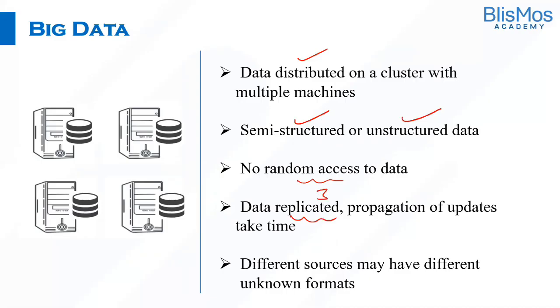When the data is replicated, whatever the update you are making, propagation of that would definitely take time. Different sources may have different unknown formats. We're not talking about only one source here. We're talking about multiple source, multiple formats. Because different sources are there, it may have many unknown formats which are not known.